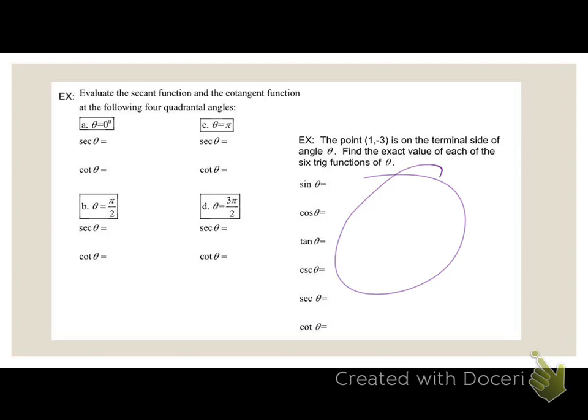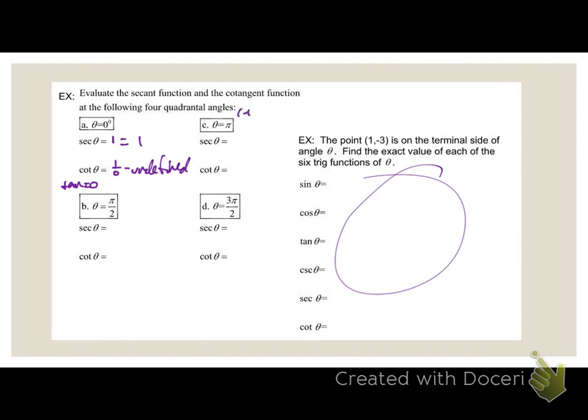That means that secant has to be the reciprocal of 1, because secant is reciprocal of cosine. So flip that over, you're still going to get 1. Cotangent there, well, tangent is 0. You flip 0 over, you get 1 over 0, which is actually undefined. Right? These are all the quadrantals.